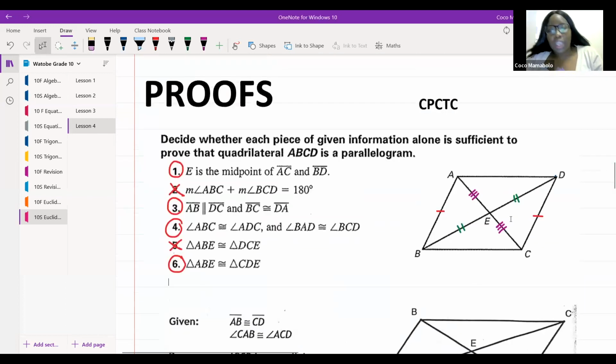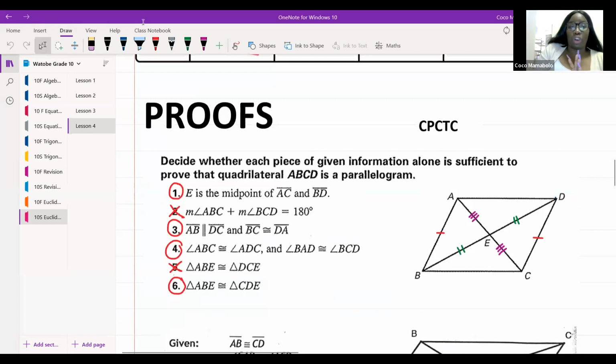All right. So here's the last thing we're going to learn before we continue. We're going to learn this mnemonic, or what is it called? An acronym. Yes. It's called CPCTC. You have to keep it, write it down somewhere in your notes.